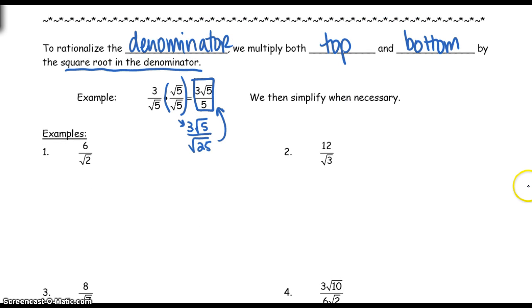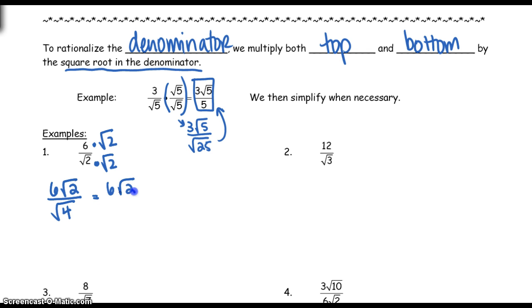Let's actually do that together for number 1. So we don't have any pairs inside of our radical. The innies go with innies, outies go with outies. We got all that. But let's talk about this radical in the denominator. To rationalize, you multiply the top and bottom by the radical that's on the bottom. So now we have 6 root 2 over root 4. But what is the square root of 4?